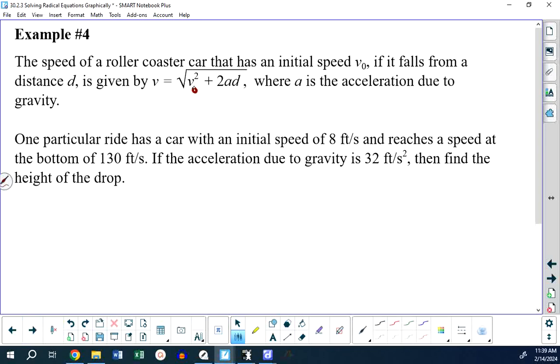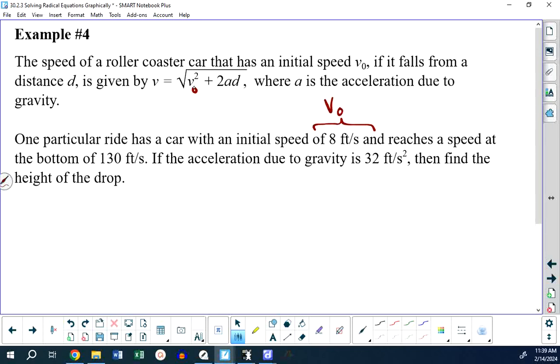In your handout. Okay. So this is a physics formula. It says the speed of a roller coaster that has an initial speed of v sub 0, if it falls from a distance d, is given by this formula, where a is the acceleration due to gravity. It says one particular car has an initial speed of 8 feet per second.